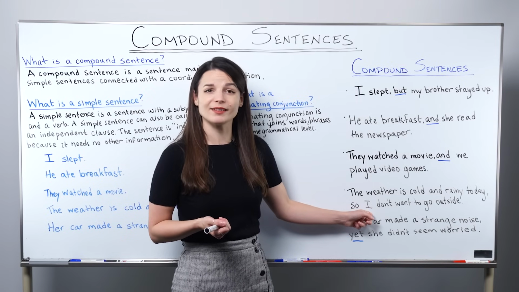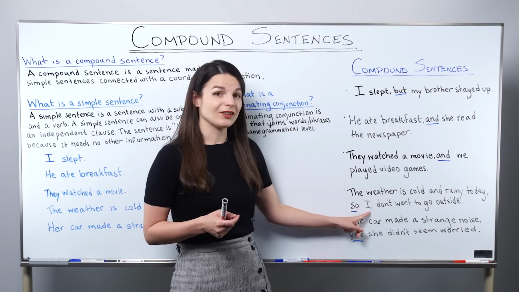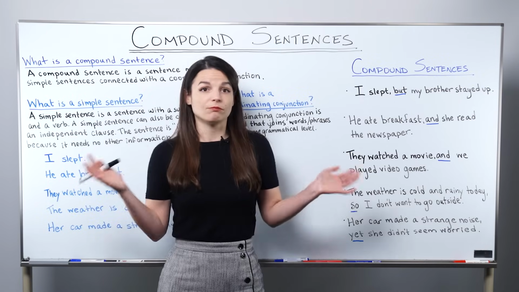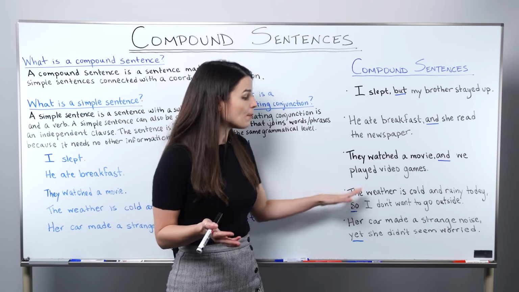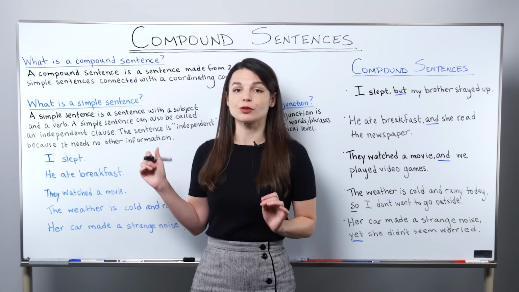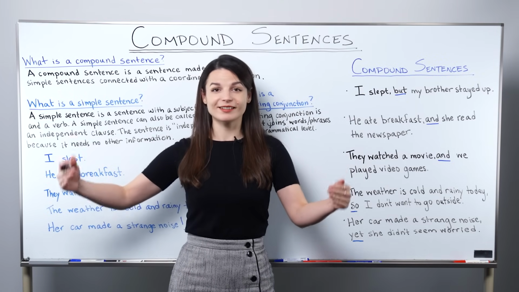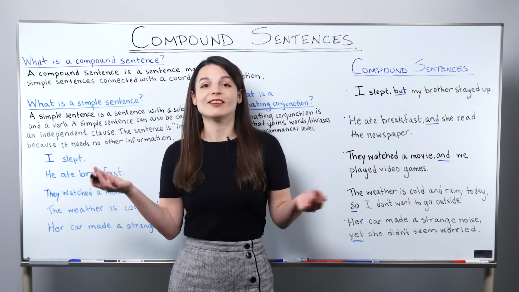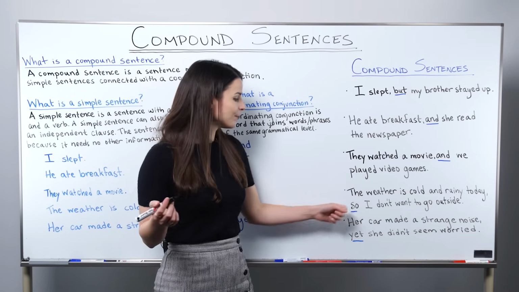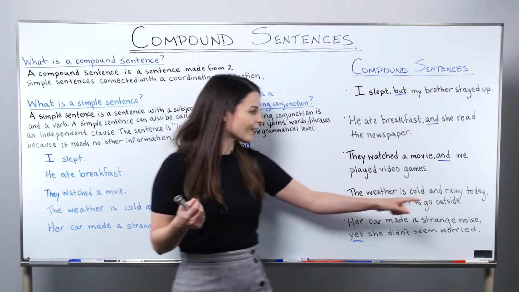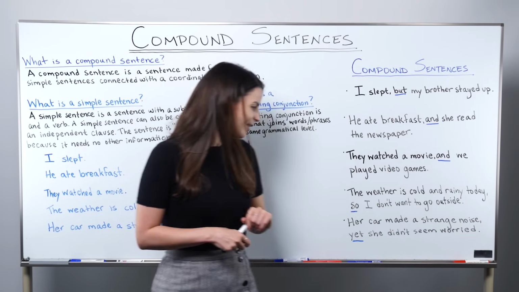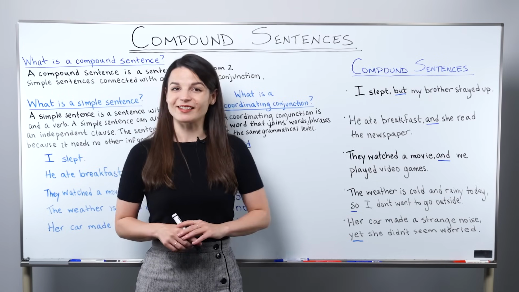So here we have a negative, yeah? This follows the same compound sentence rule, the same simple sentence rule. I don't want to go outside is still an independent clause, right? We don't need any other information to understand. We've connected it with "so," and our comma is over here, before the coordinating conjunction. Okay?